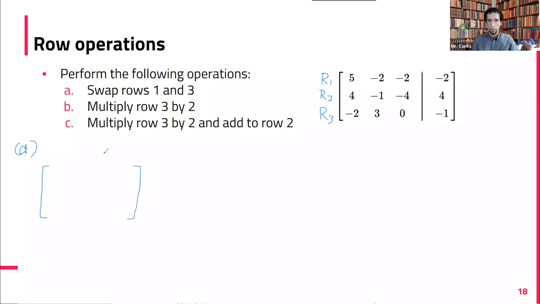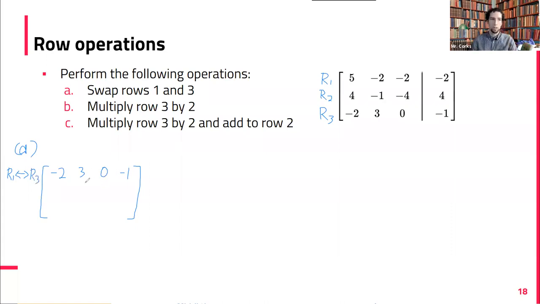So our resulting matrix here. What is our new row 1? -2, 3, 0, and then -1. When we do matrix operations, we should always write what we're doing, so we don't confuse ourselves later if we're going back and checking our work. So row 1 is being exchanged with row 3.